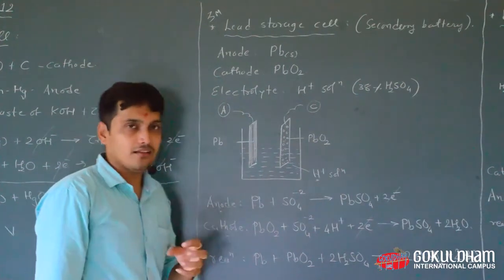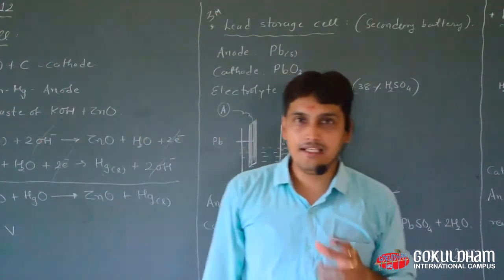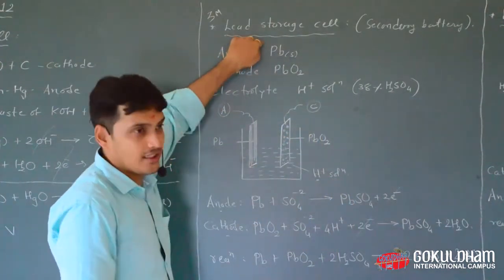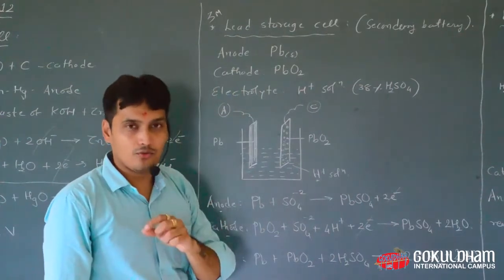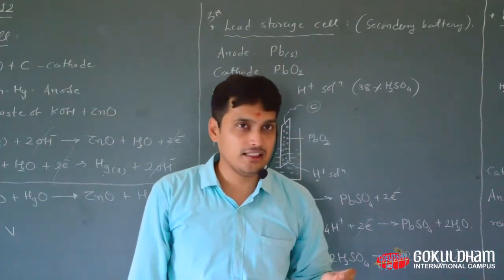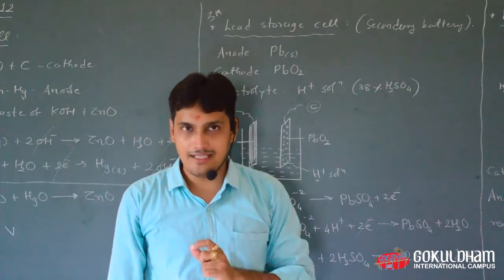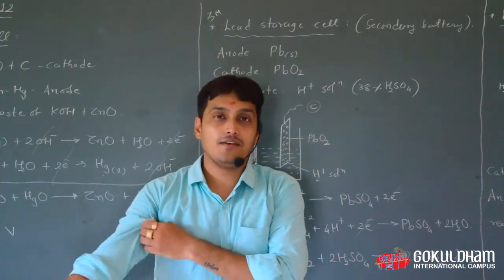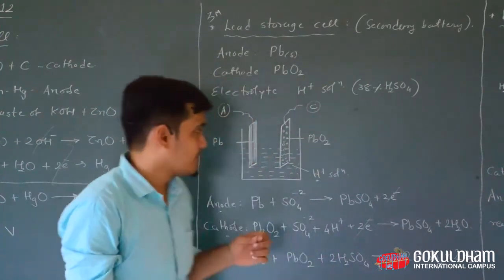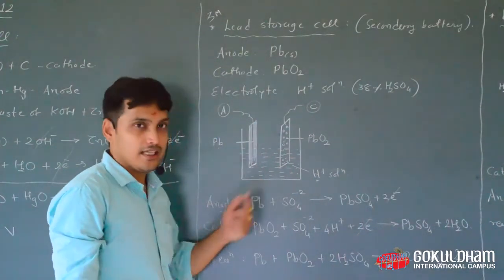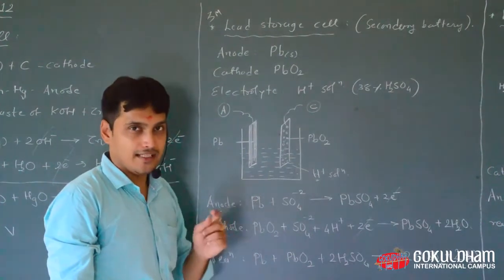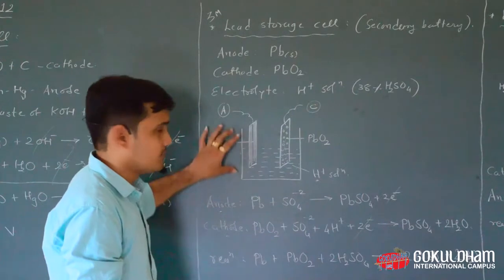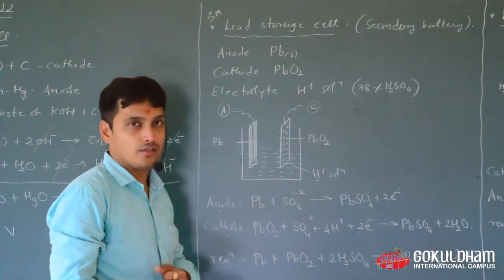In a car, there is a need of 12 volts. So one lead storage cell gives 2 volts, and you have to connect 6 cells in series for a total output of 12 volts. In buses or trucks, you have 24 volts. It means these lead storage cells are connected in series 12 times, so you can gain a total output of 24 volts.